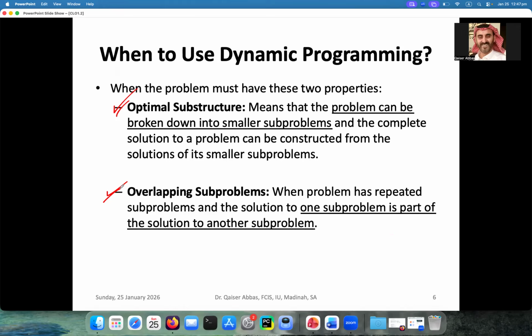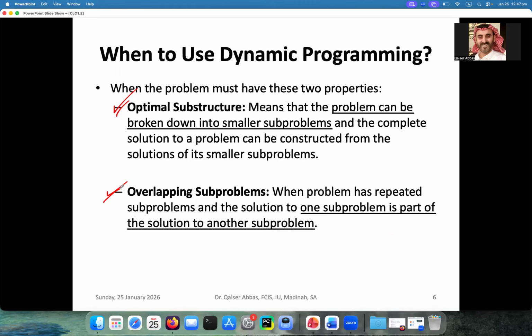If this property exists, then this is called optimal substructure.